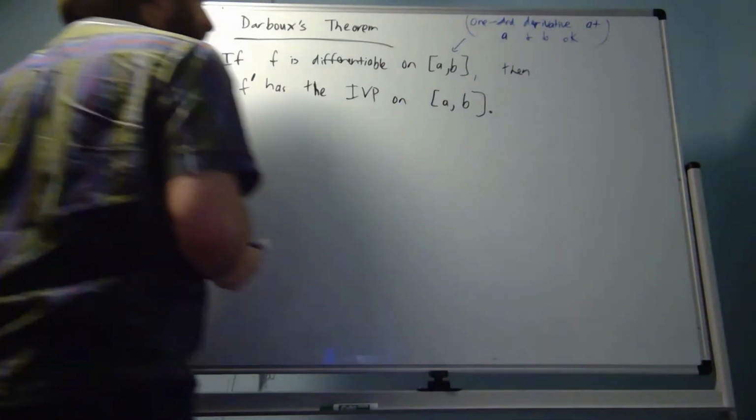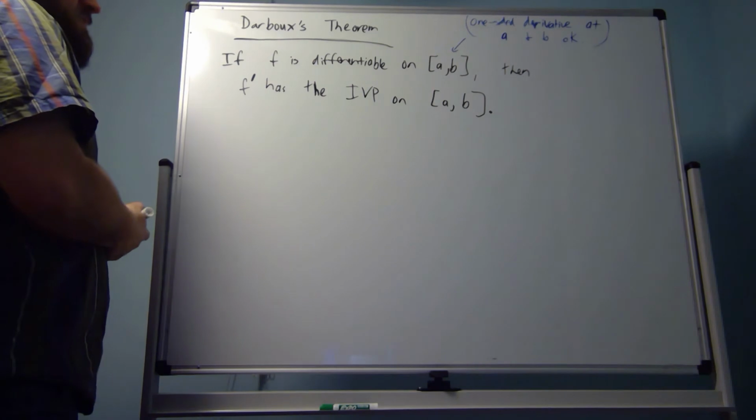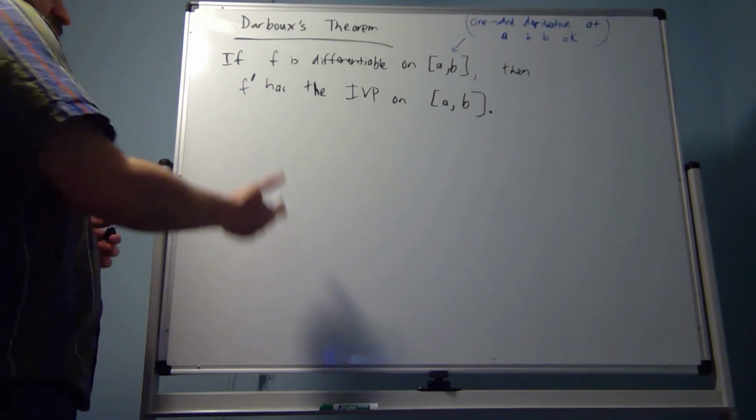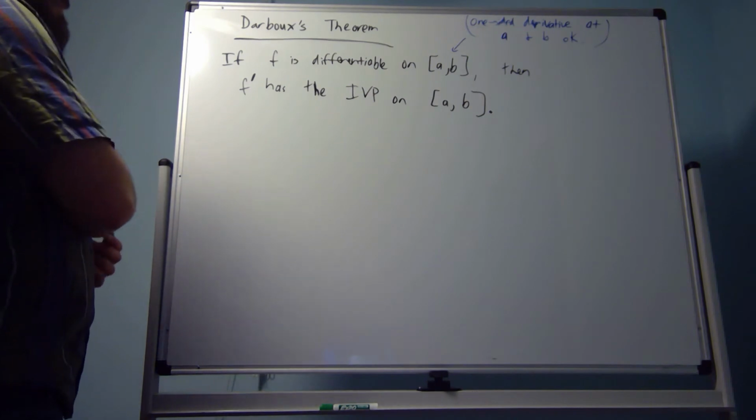It's okay if the derivative at a is the limit from the right of the difference quotient, because as far as we're concerned, the function doesn't even exist to the left of a.